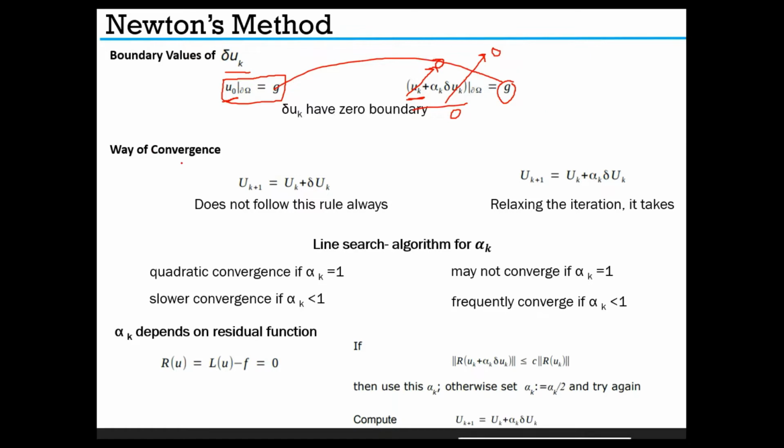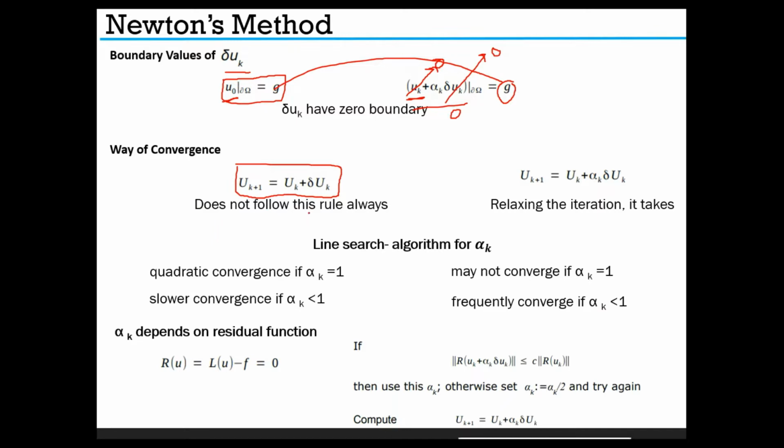However, how does Newton's method converge? Well, when we recall the concept of numerical methods, we may be introduced to this term UK plus 1, which is UK plus del UK. Well, for convergence when applying Newton's method, it might not always follow this formula.